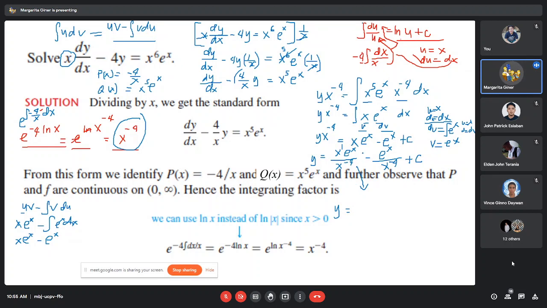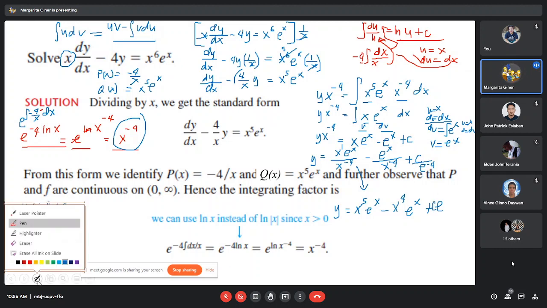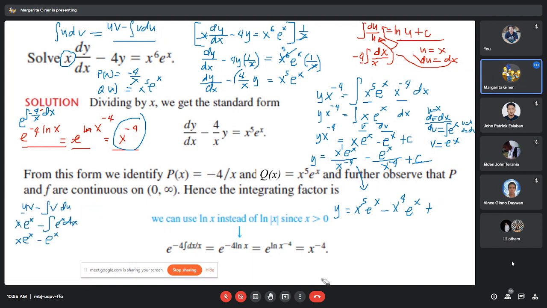Bring it up: x raised to 5 e raised to x, minus x to the 4th e raised to x, plus c x to the 4th, since dividing by x raised to negative 4 brings it up. So this will be your final answer.